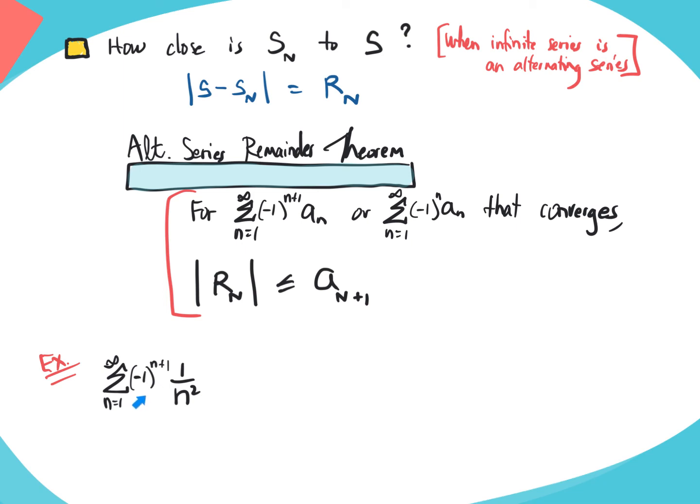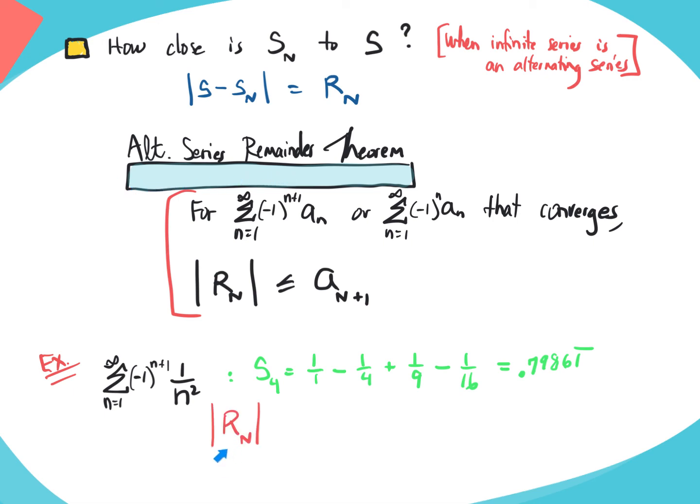And how close will our, let's say, our fourth partial sum be to the infinite series? Let's find out. So the fourth partial sum is 0.79861 repeating. How close is this to the infinite sum? That's where the alternating series remainder theorem comes in.